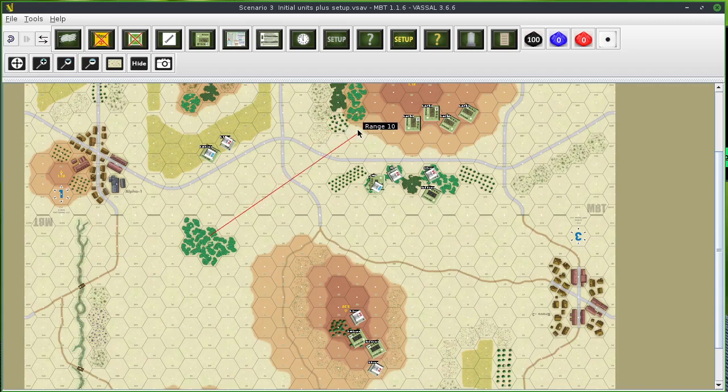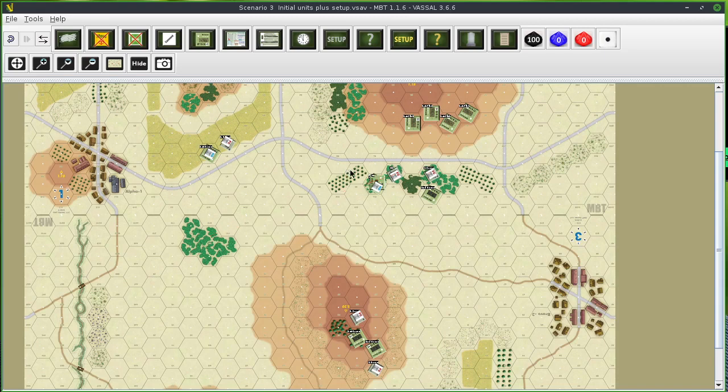That's my range of 10, 10, 9, 10, 9, 10. So I can put a recon unit right there. I would love to get more coverage down that road though, in this building back here. So who do I put there? That's the question.